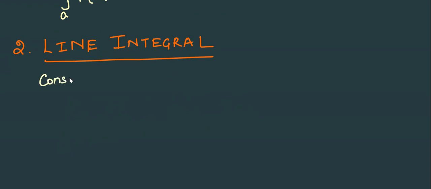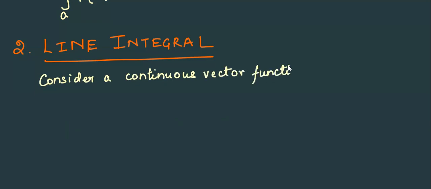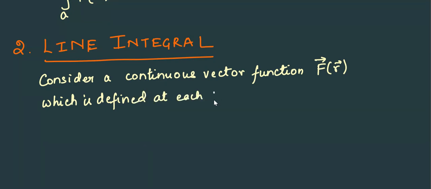So consider a continuous vector function f as a function of r, the position vector, which is defined at each point of curve C in three-dimensional space.